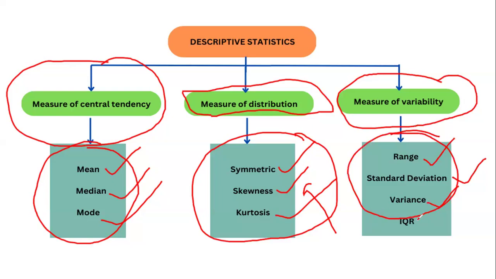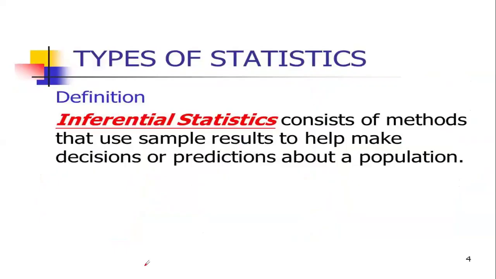So I was saying that under inferential statistics, this is just statistics that consists of methods that use sample results to help make a decision or a prediction about a population.